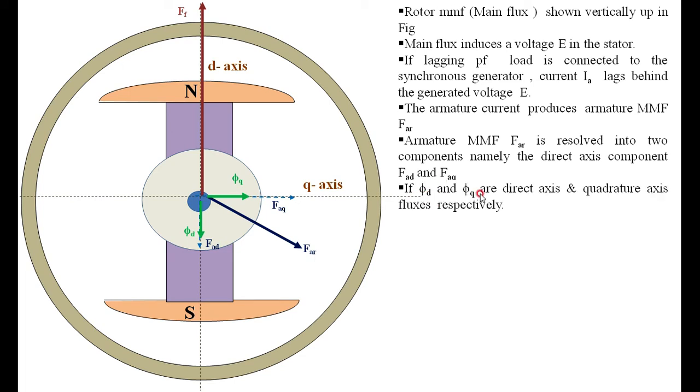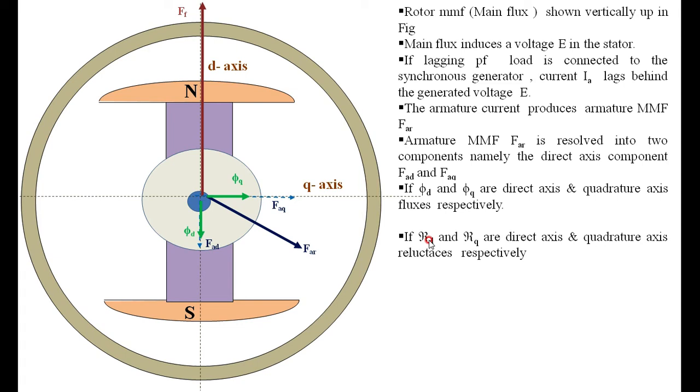If phi d and phi q are the direct axis and quadrature axis fluxes respectively, what I am getting is phi q and phi d because of FAQ and FAD. These phi d and phi q are the fluxes which produce the voltage.